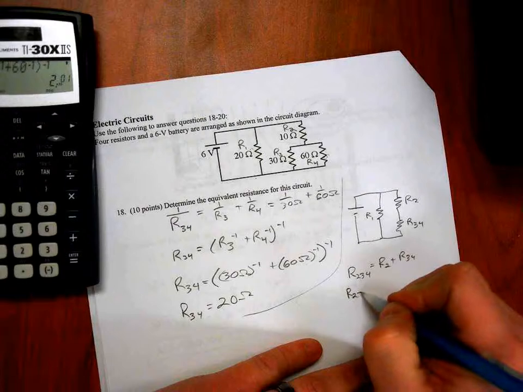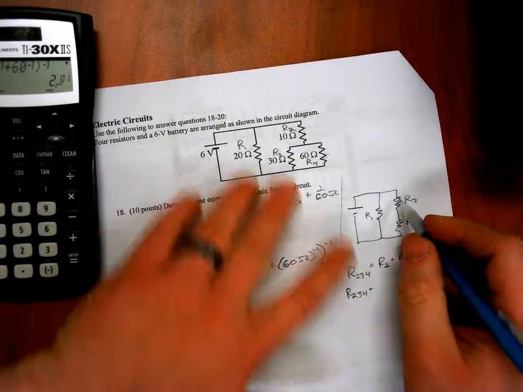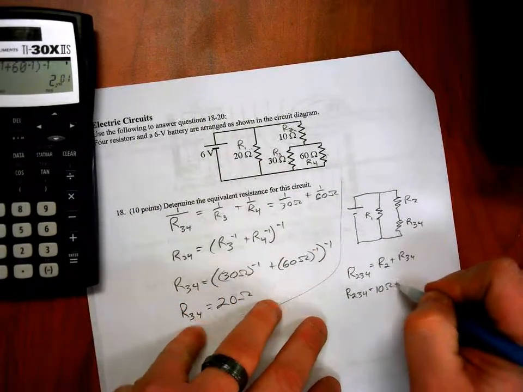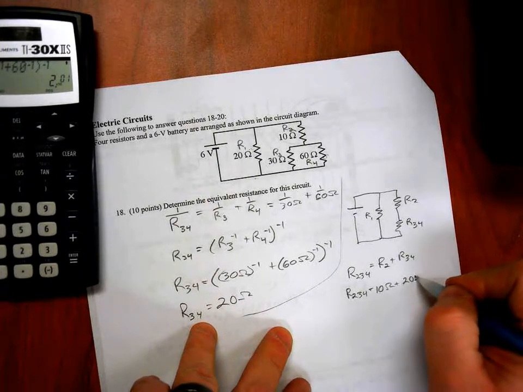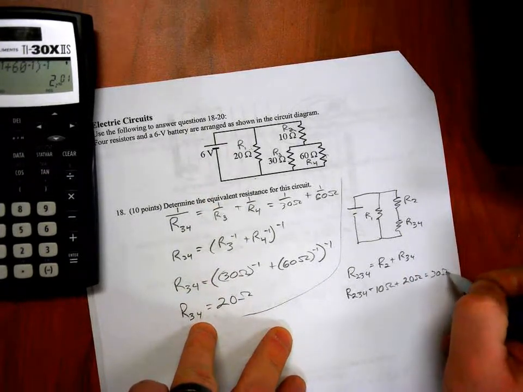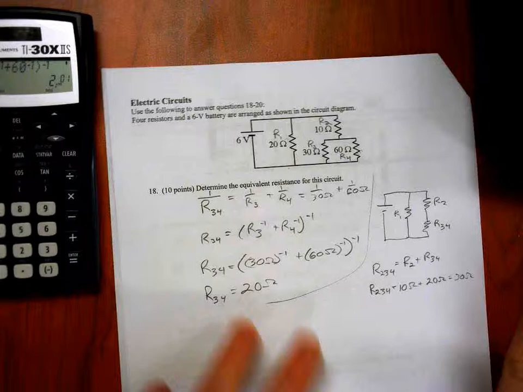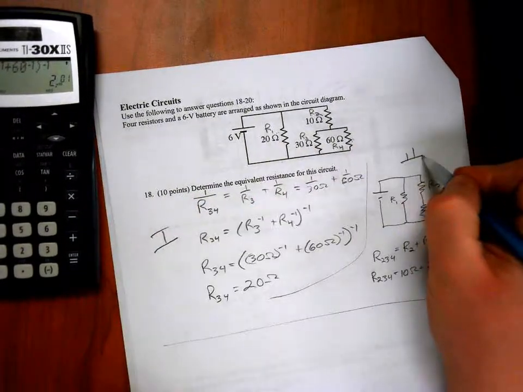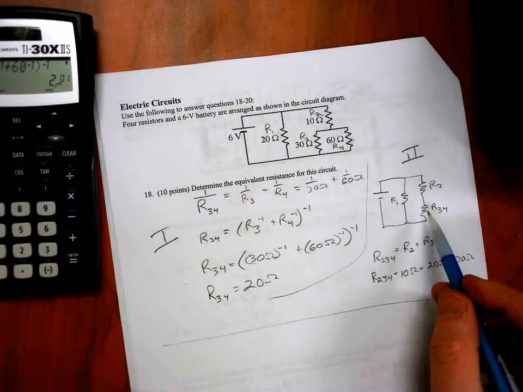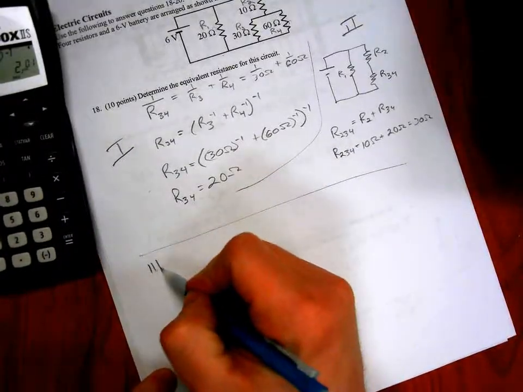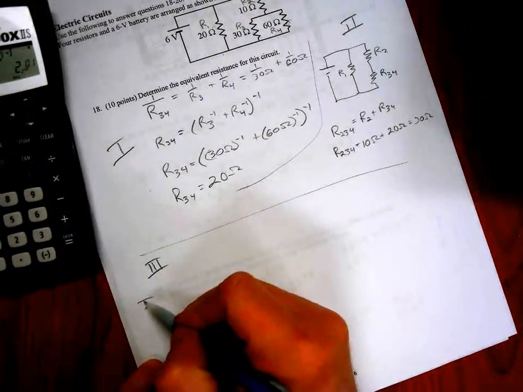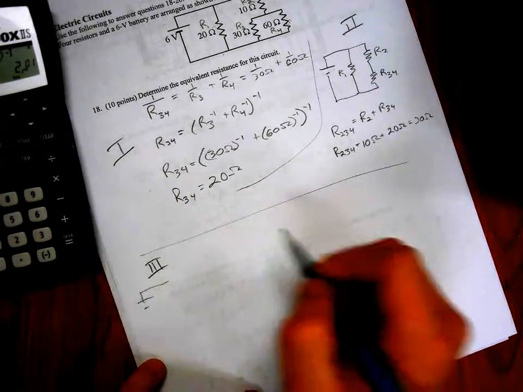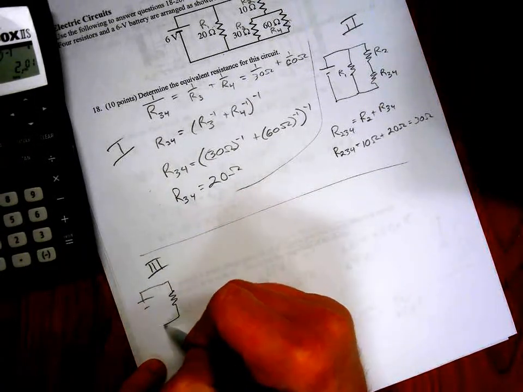So R2,3,4 is equal to R2, which is 10 ohms, plus R3,4, which is 20 ohms, which equals 30 ohms. I guess I didn't make this very systematic, but now I'm going to come down to 3. And now we're getting very much simpler.